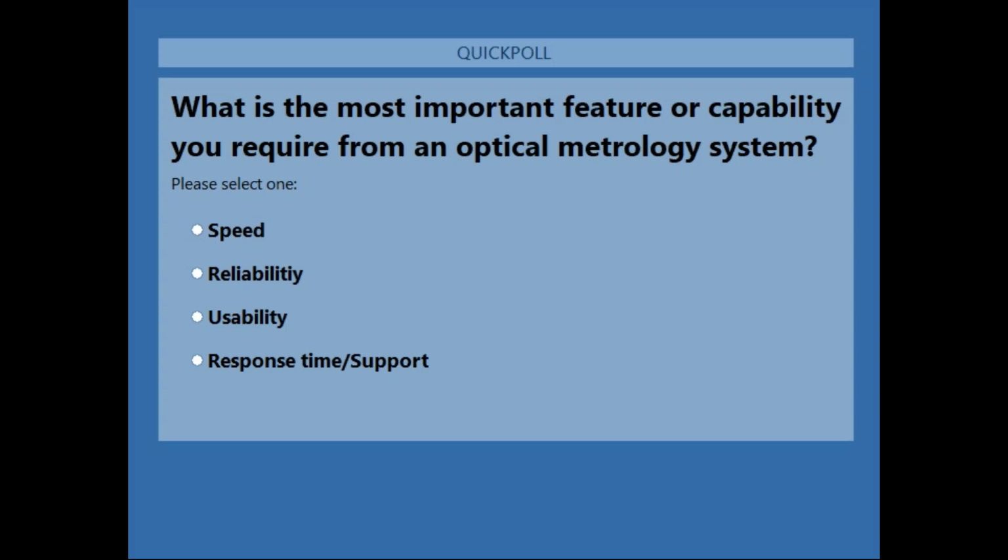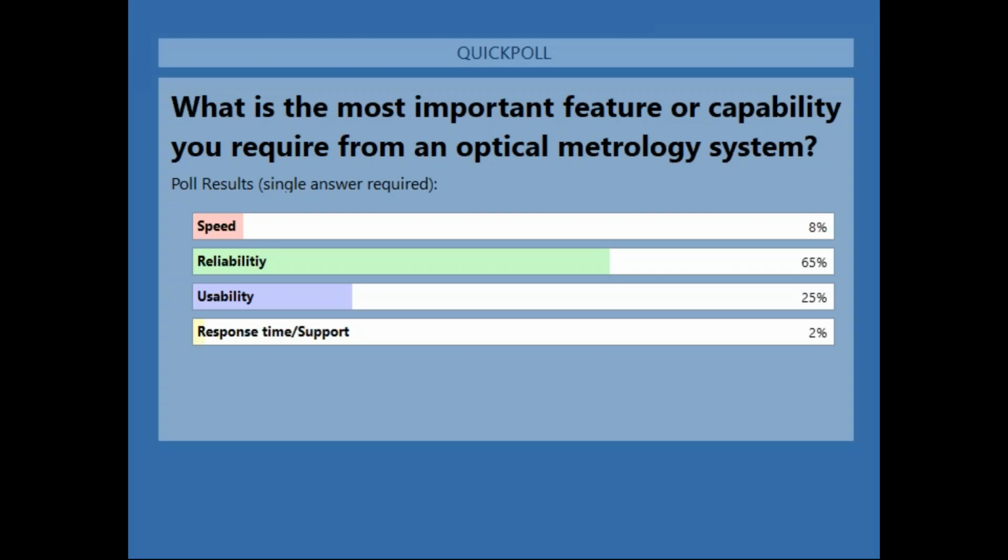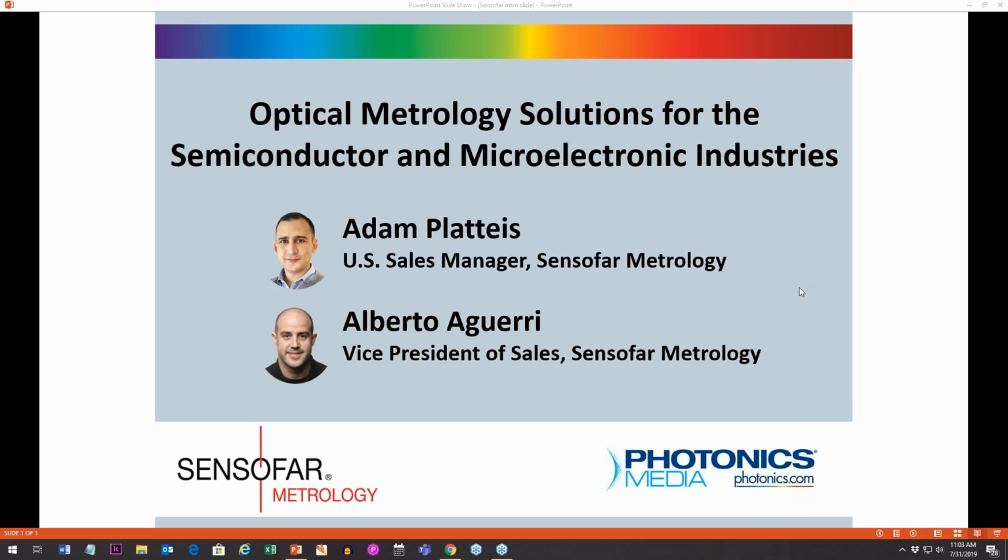Okay, I'm going to close this and share your results. 8% of you said speed, 65% said reliability, 25% of you said usability, and 2% said response time and support.